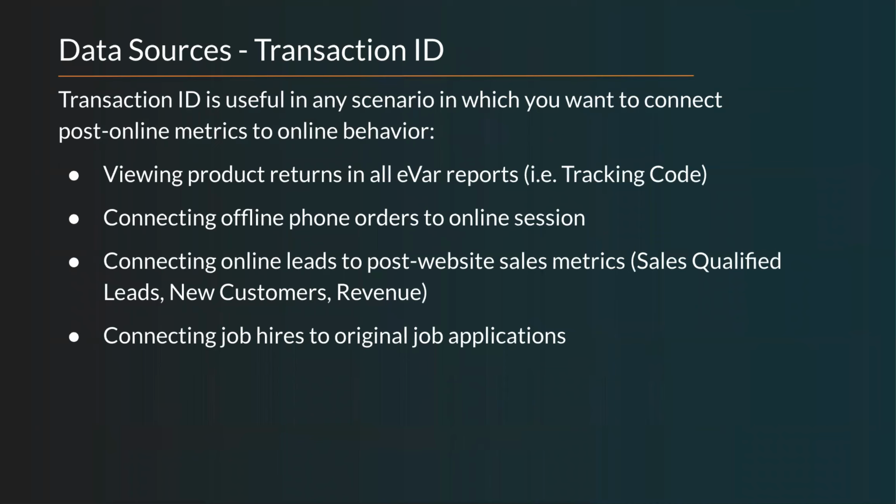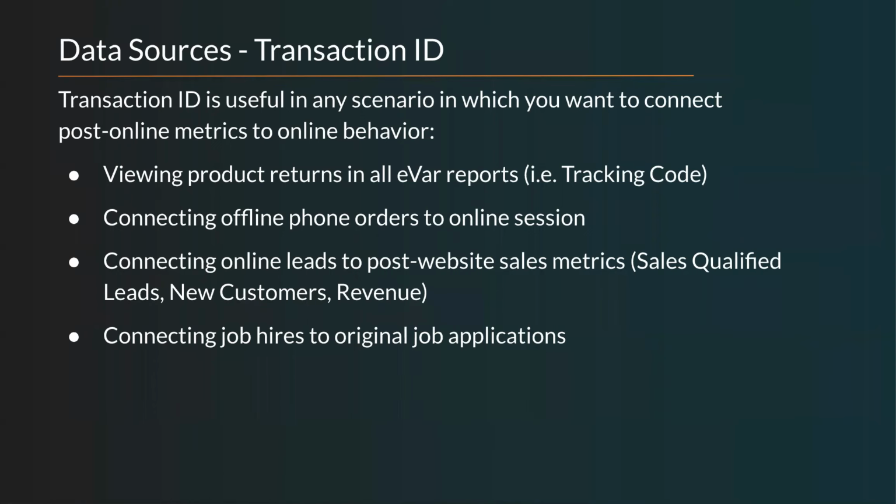So this is useful whenever you want to connect post, online, or website metrics to things that happened in the past. So some examples might be, I want to upload product returns as a metric in data sources, but I want to tie those product returns to my eVars that happened in the past. For example, which campaign code did they come from when they did the original order, so that I'm taking the return out of that same campaign.